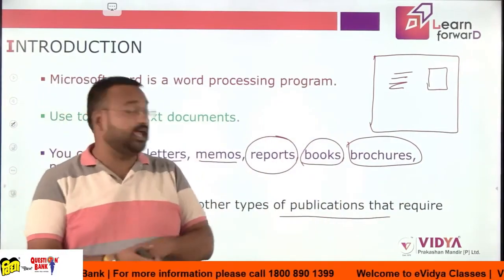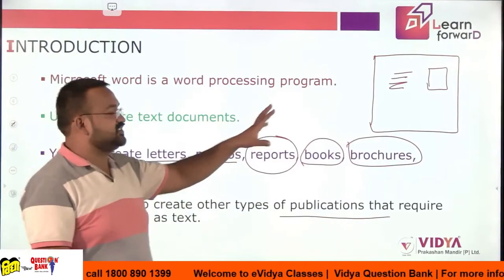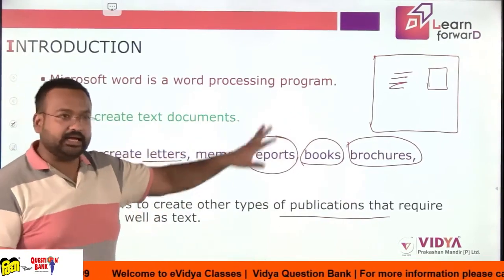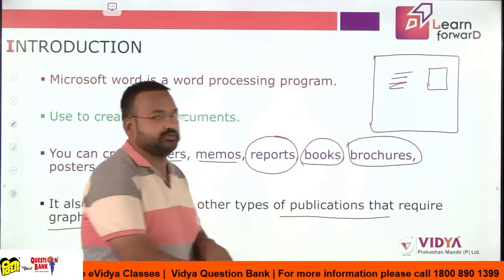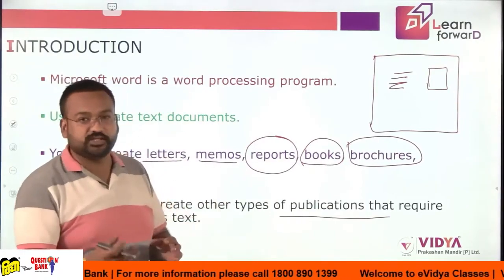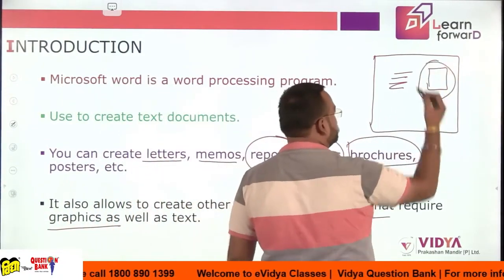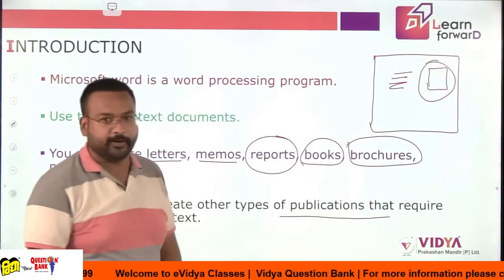So this would help you to create such publications. And apart from just adding an image, it allows you to modify those images as well. Like if you want to crop that image, or add some filters to make it cleaner, all those things can be done on the image using this software.